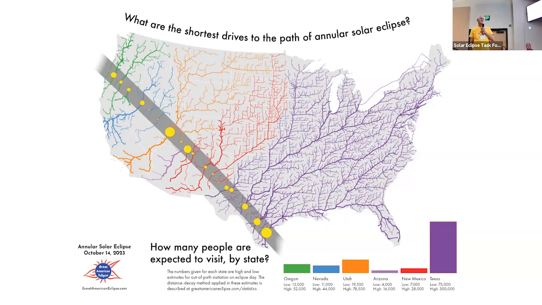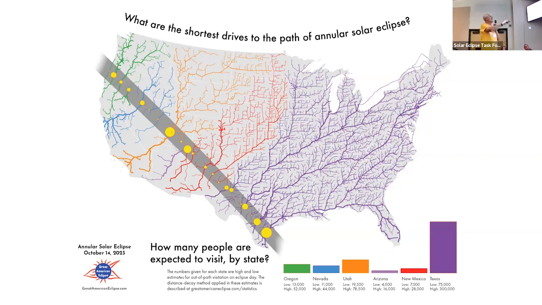So Texas still gets quite a bit of visitation. My low estimate is 75,000. High estimate is 300,000. Utah gets the second largest amount based on it being the closest destination to Southern California and major areas.